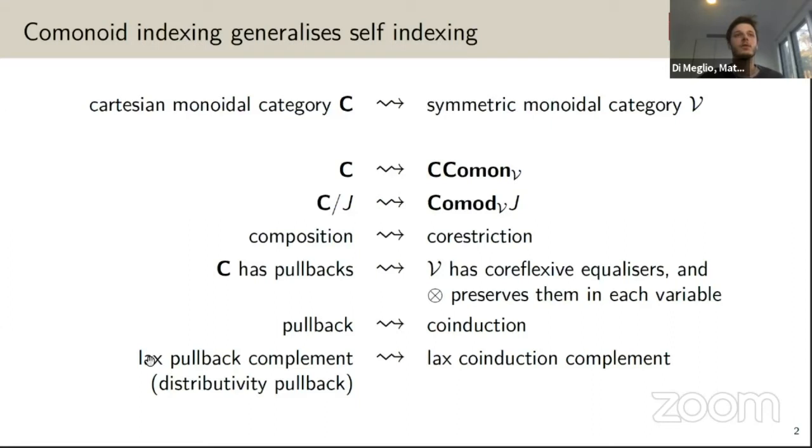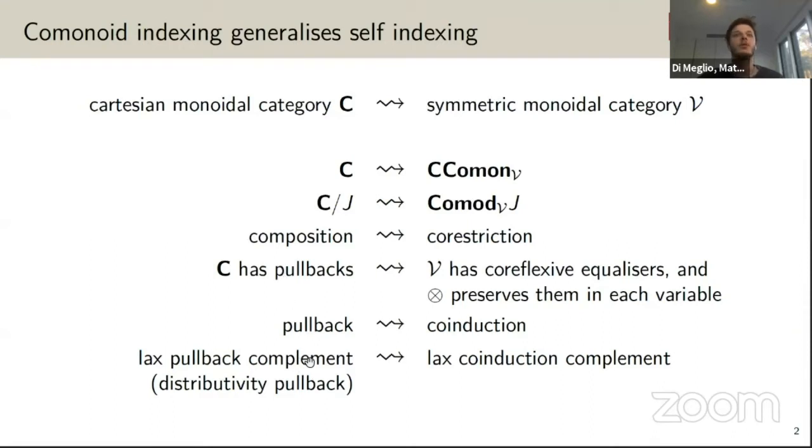And there's a useful notion that Weber called distributivity pullback, but has elsewhere been called a lax pullback complement, which allows us to study these right adjoints diagrammatically. So it is characterized by the co-unit characterization of an adjunction at a particular object, in the same way that a pullback characterizes right adjoints to this composition functor at a particular object.